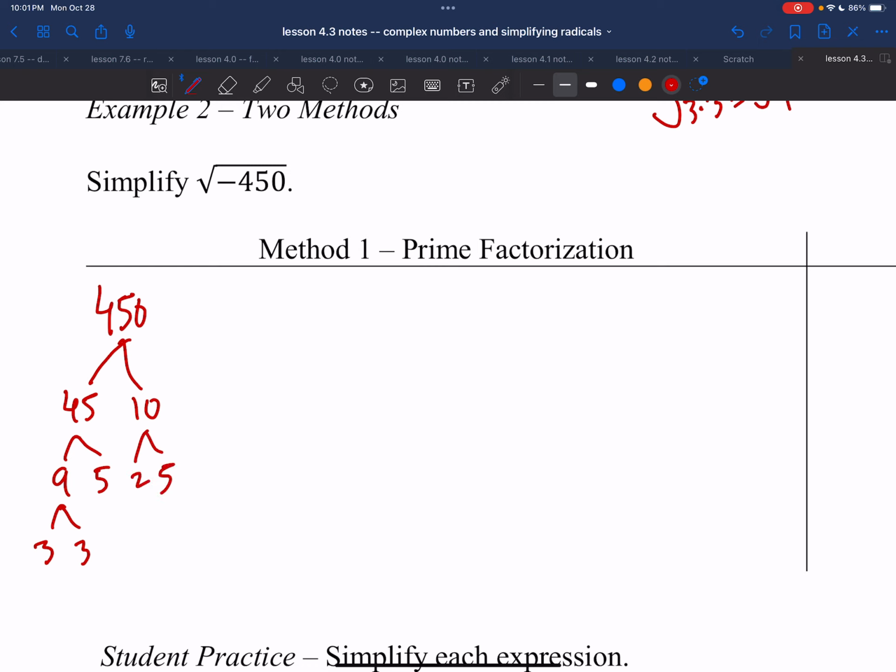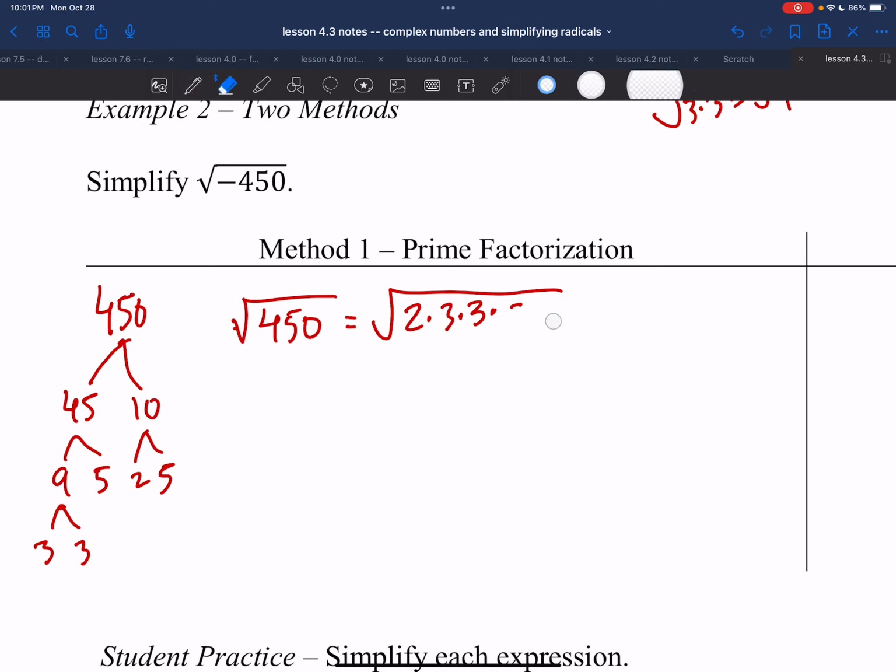Beautiful. So that means the square root of 450 can be rewritten as the square root of the prime numbers, 2 times 3 times 3 times 5 times 5, right? Let me fix those 5s. Now, hold on. That's 450, but I want negative 450, so that means all of that is multiplied by a negative 1.